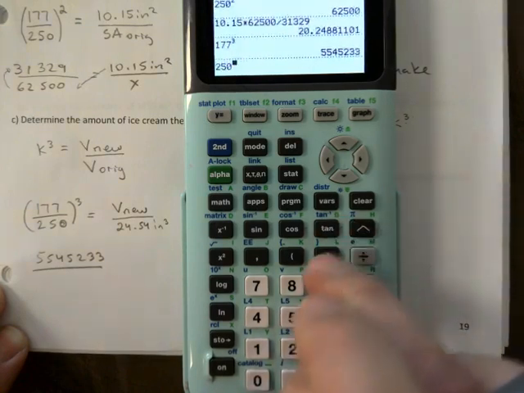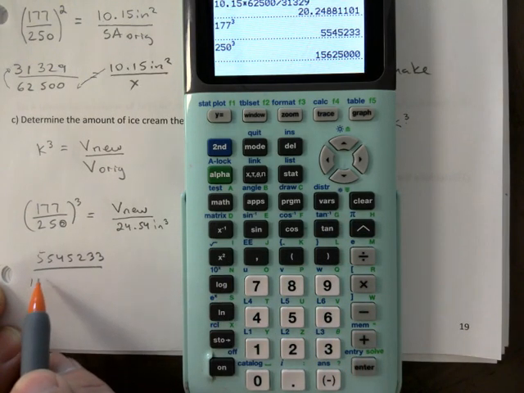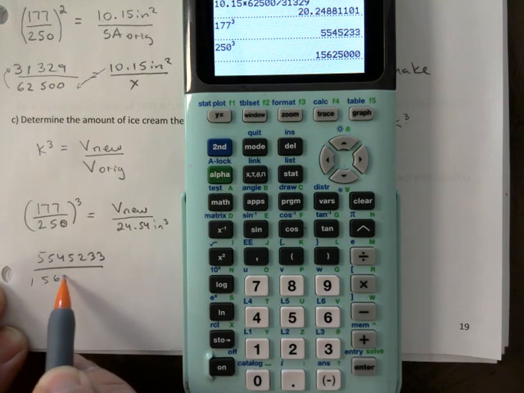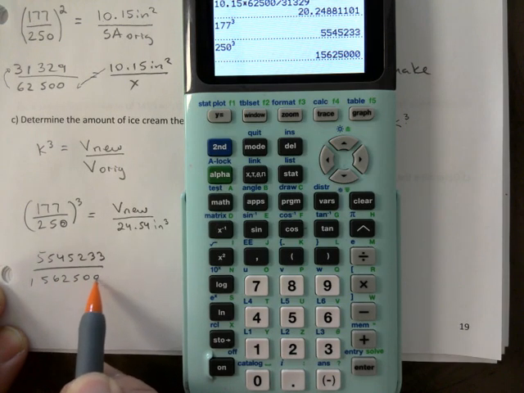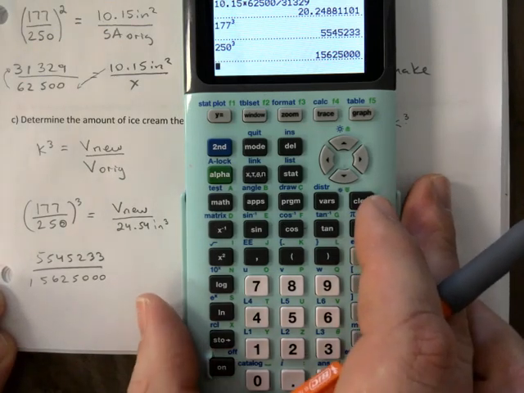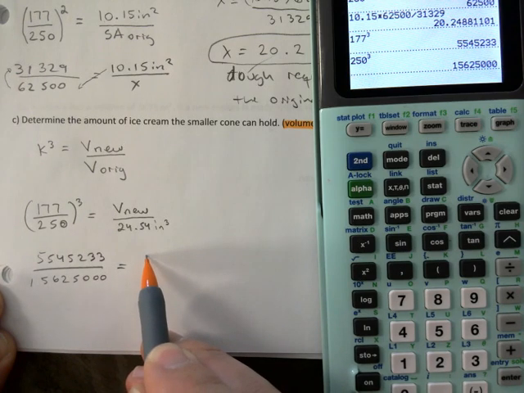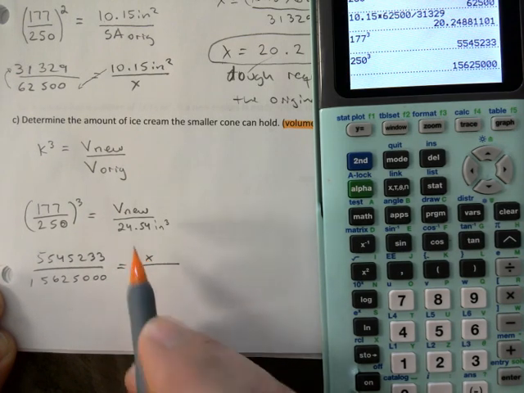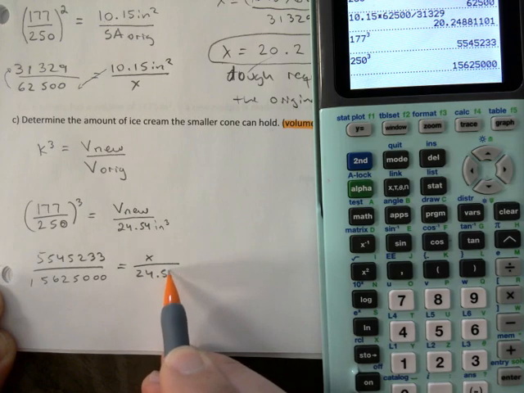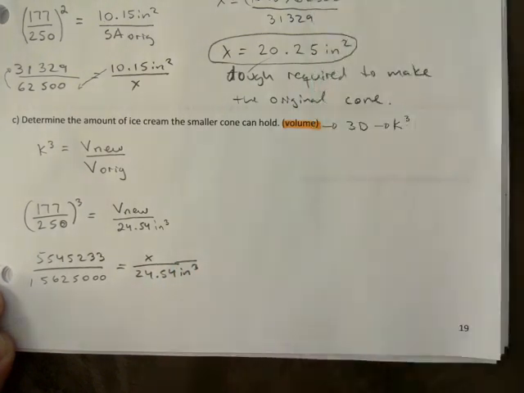And 250 to the power of 3 is, make sure you get the right amount of zeros down, right? And on the other side, I'm just going to call this X, and this is 24.54 cubic inches. So again, your answer will be in cubic inches in this case.